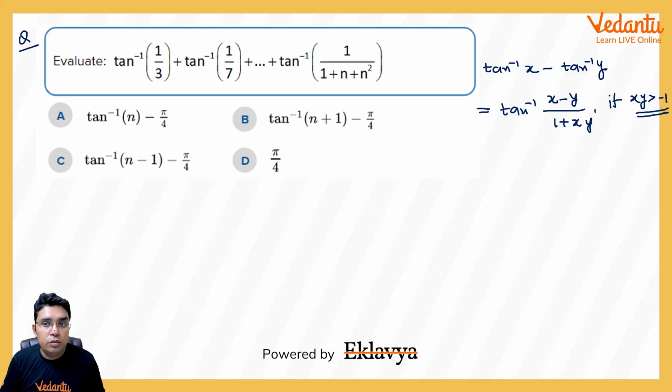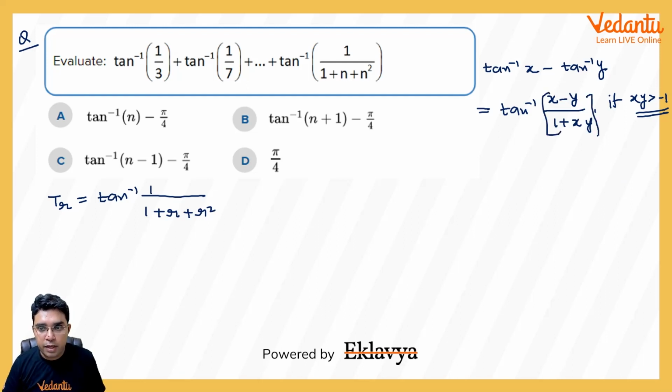Okay, so we are going to use this thing, but for that let us understand what is my rth term. Okay, so rth term is tan inverse 1 upon 1 plus r square, and you can see I want this kind of expression (x minus y) upon (1 plus xy), so that I can write this as a difference of 2, the fundamental thing for telescopic sum.